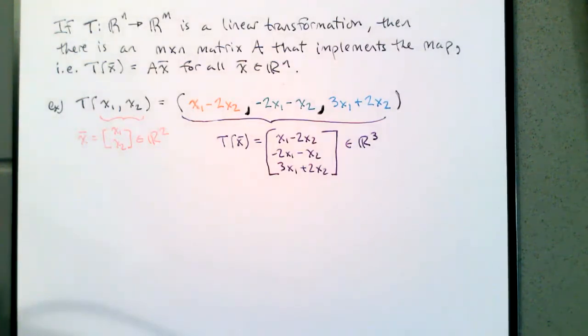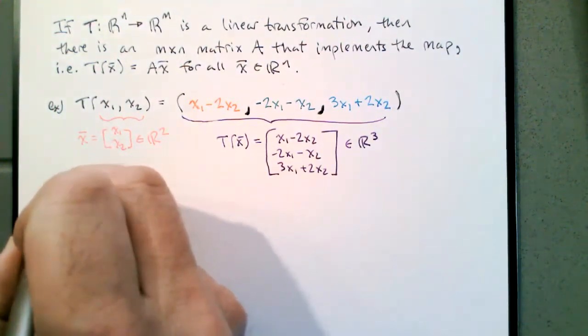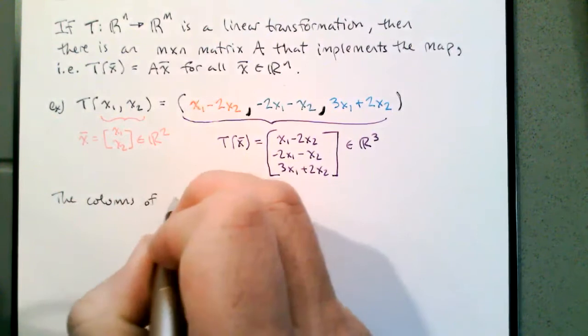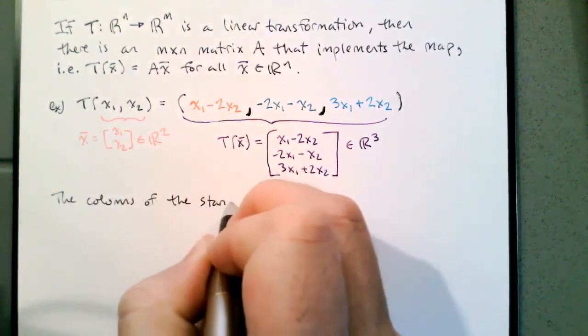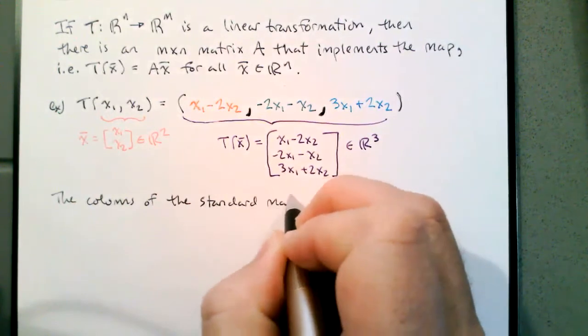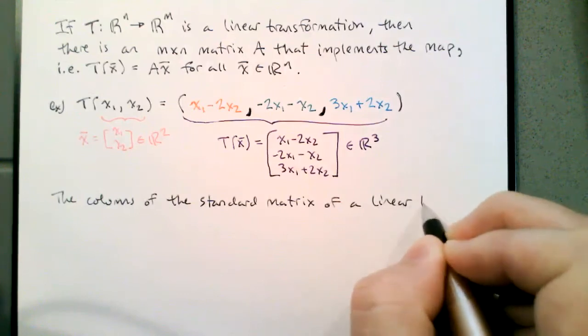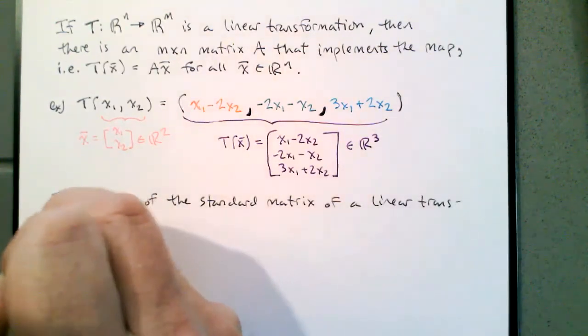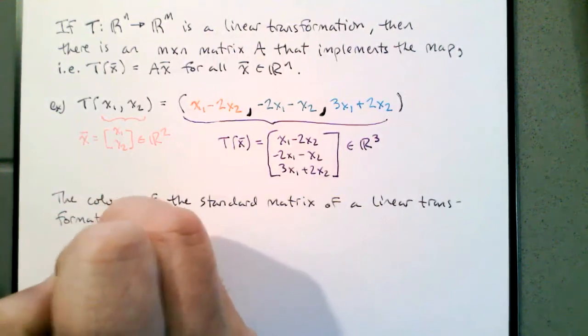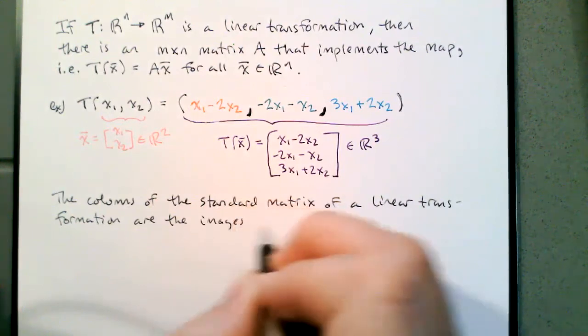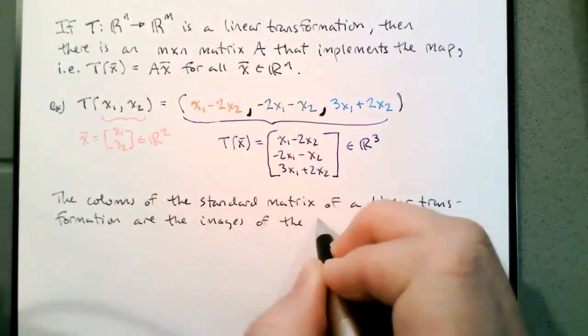The columns of the standard matrix of a linear transformation are the images of the standard basis vectors.